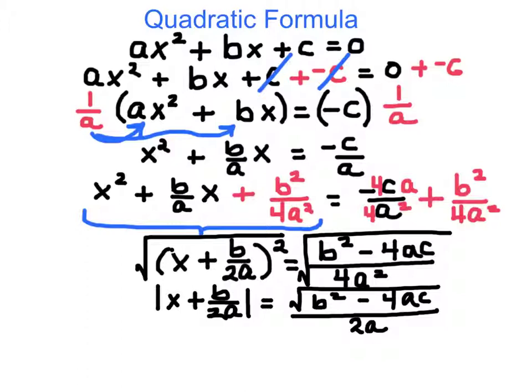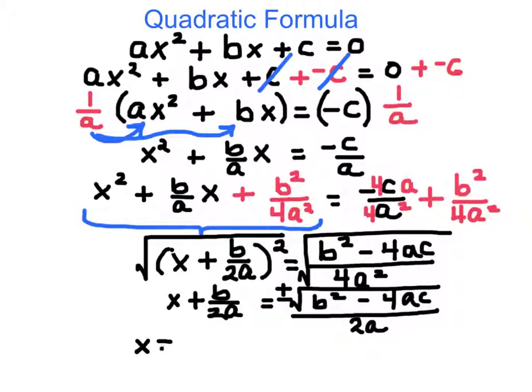Now, in order to lift these absolute value bars, I'm removing them. This value that we see right here is either positive or negative, so I can put a plus or minus over here, and that allows us to lift the absolute value sign. The last thing I'm going to do is add a negative b over 2a to both sides. When I do that, I have only an x on the left.